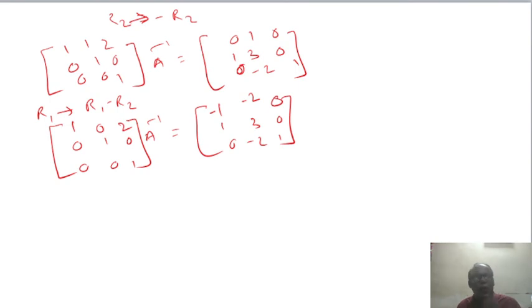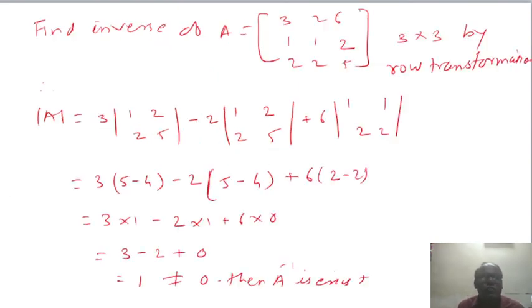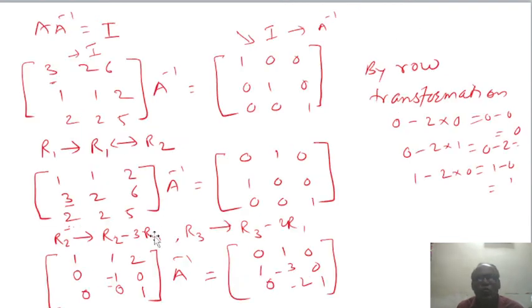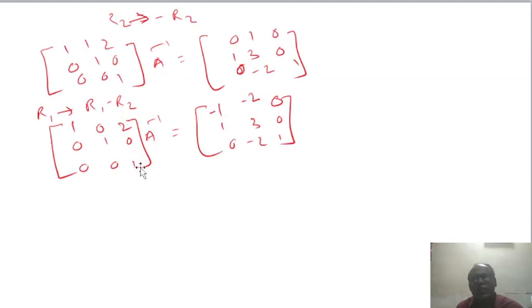Is it clear? Now we want what we say. Check it once again if there is any doubt. Now R3 minus 2 R1. R3 here is 5 minus 2 into 2, that is 5 minus 4. Okay. Is it clear? Now after that we want 0 here. How to make it 0?